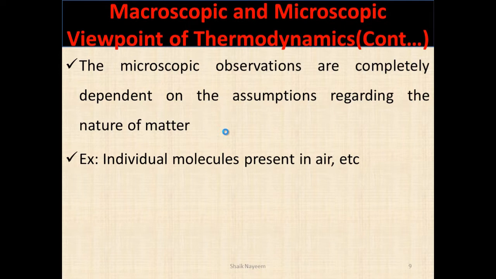If I want to measure the pressure of air, at the microscopic level, the air has different atoms: nitrogen, oxygen, helium, and some others. When you want to calculate the pressure of the air, first we need to calculate the pressure of the individual atoms. This is called the microscopic study, the microscopic thermodynamics.